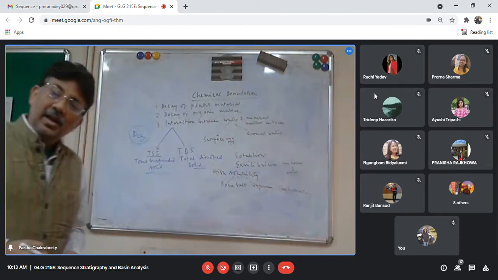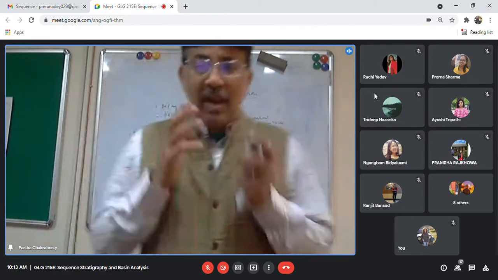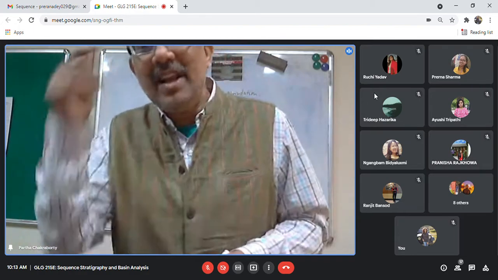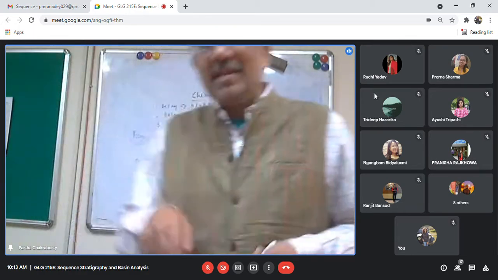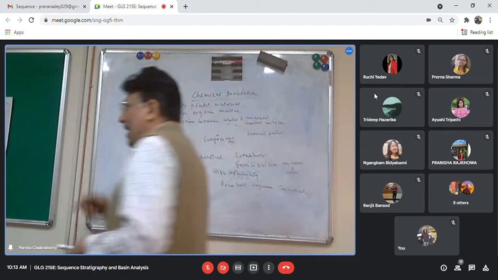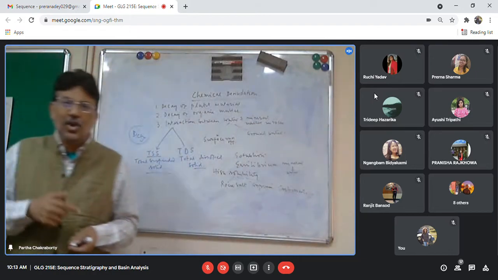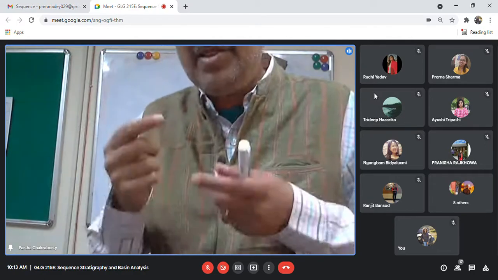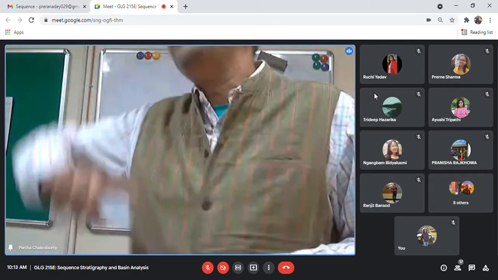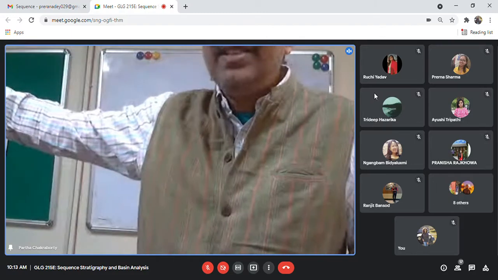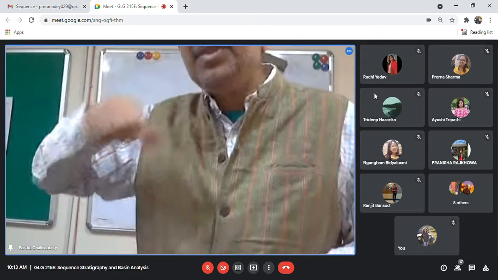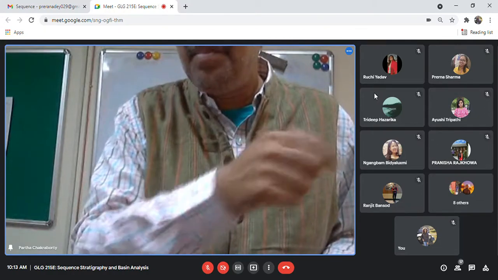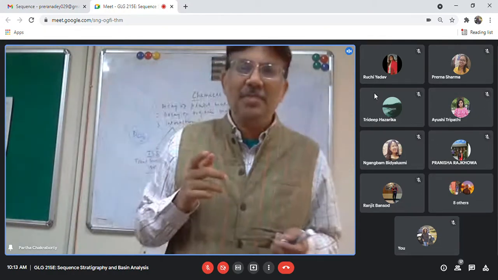So even for a smaller residence time of water, they may attain their equilibrium. But if I have a granite, a basalt, a metamorphic rock, their interaction with water is very, very low, very slow. So you require a very high level of residency of water to achieve equilibrium with that sort of minerals. You got my point, what I am saying?